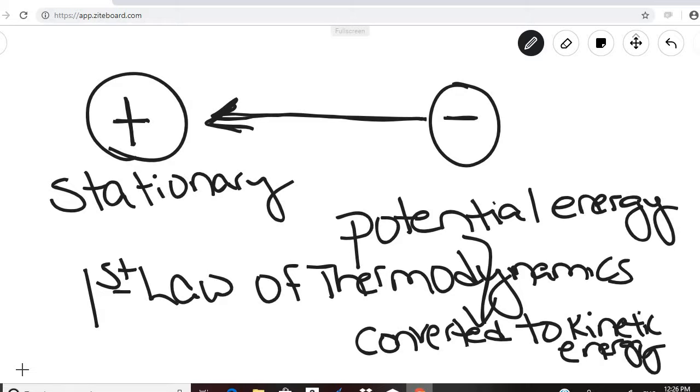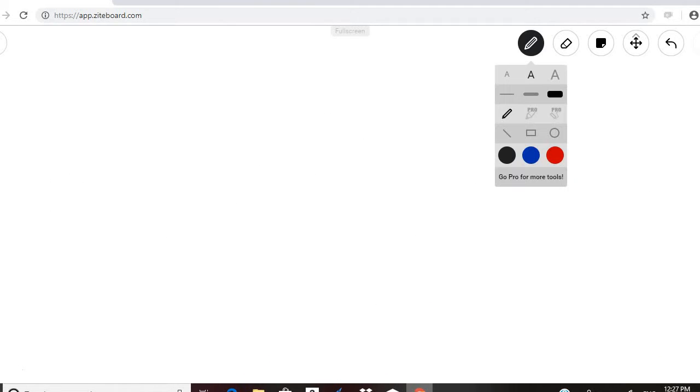I've assumed here that there is potential energy in this system, and so you might ask, where did that potential energy come from?